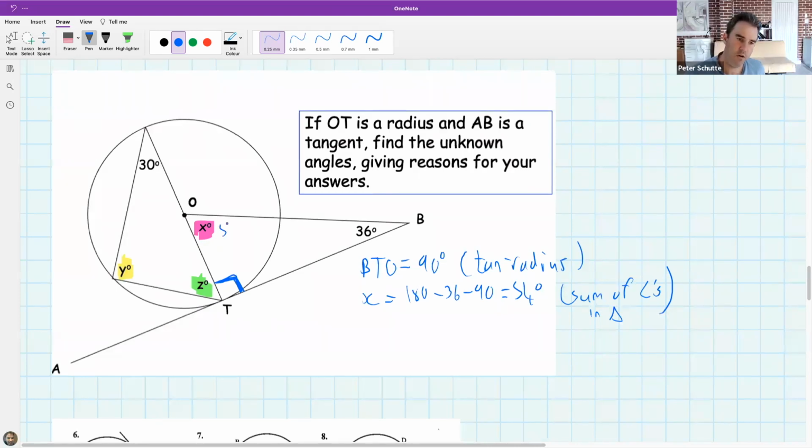So we know that this one over here is 54. Now we need to find what Y and Z are.